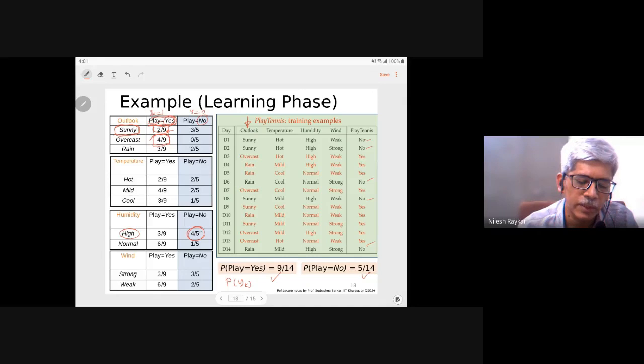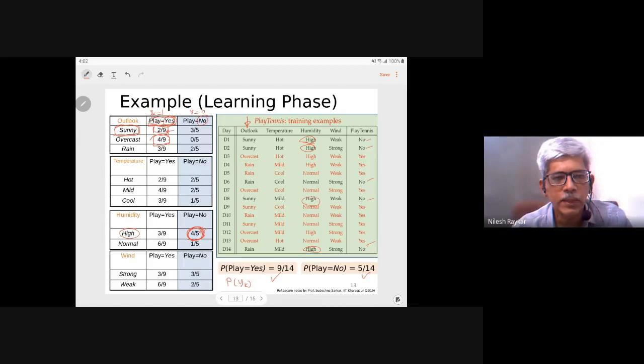The denominator is 5, out of which the humidity is high on how many days? Humidity is high on one day, second, third, and fourth. So there are 4 days out of 5 non-playing days on which humidity is high. So the probability of humidity being high when you are not playing tennis is 4 by 5. That is how each of these individual patterns is calculated.